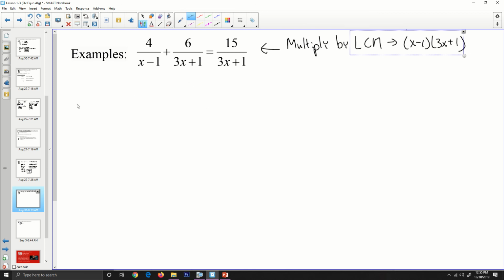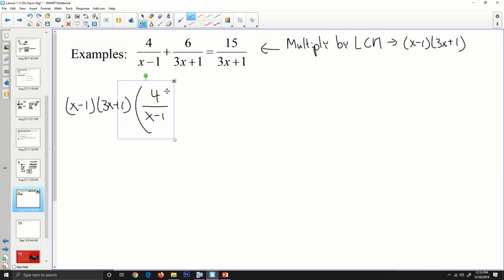And so I take that x minus 1 times 3x plus 1, and we're going to multiply that by this whole fraction. So 4 over x minus 1 plus 6 over 3x plus 1 equaling 15 over 3x plus 1 again.